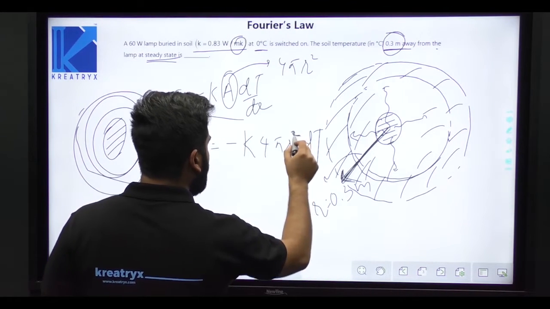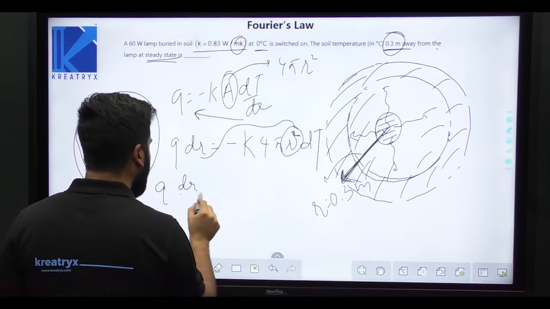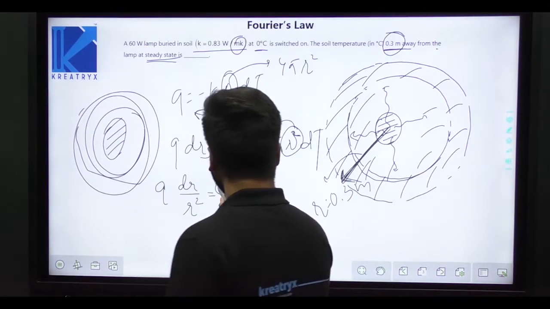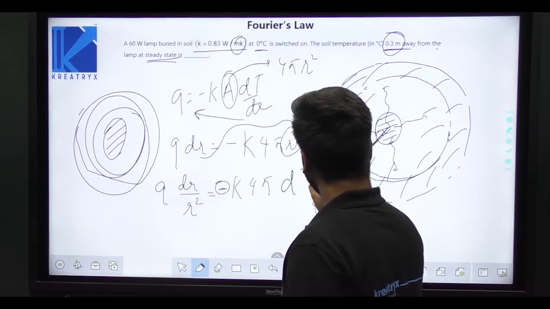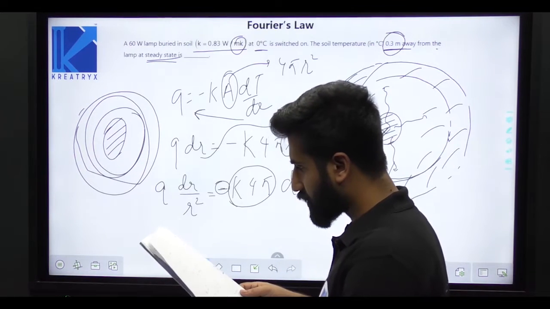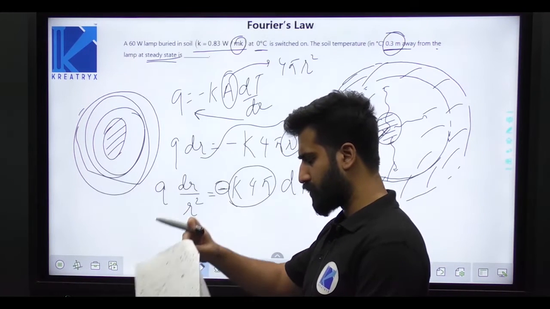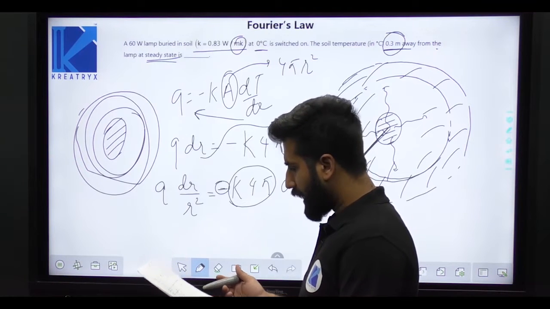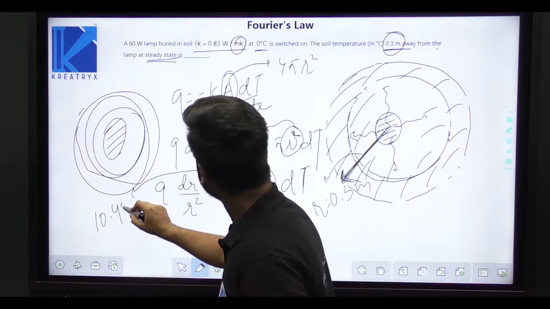Take this r square here, so this will be Q dr by r square is equal to minus k 4 pi dT. Solving this, the value will be 10.43.